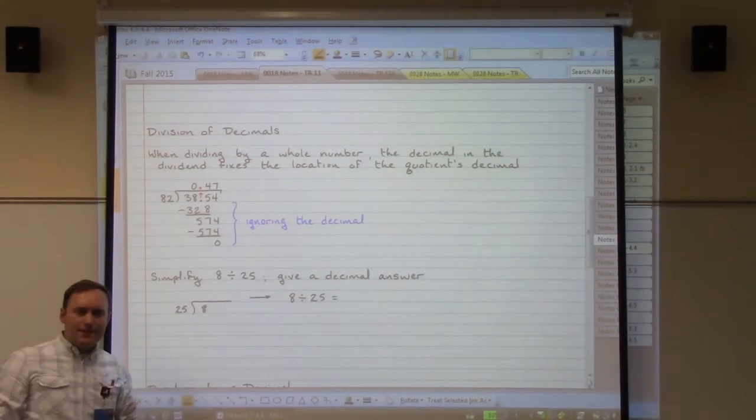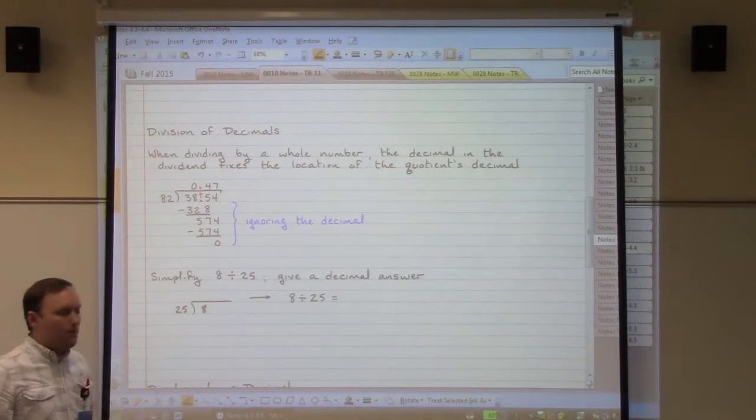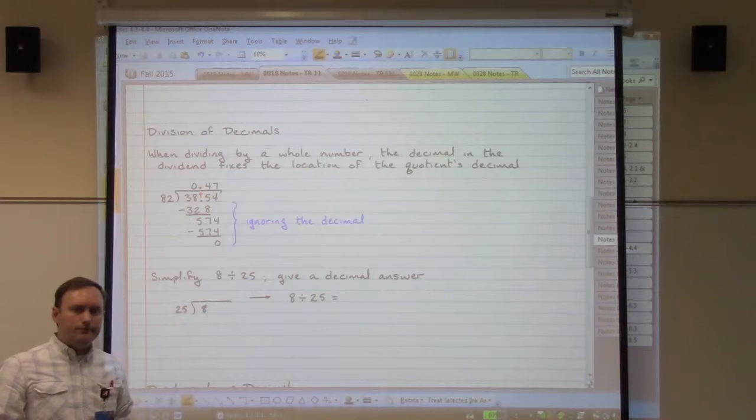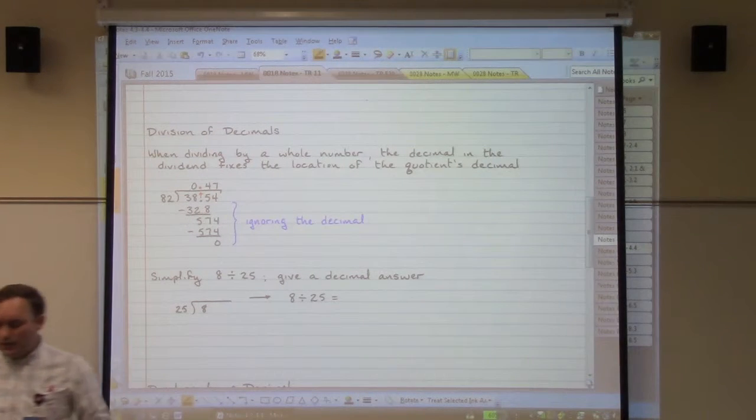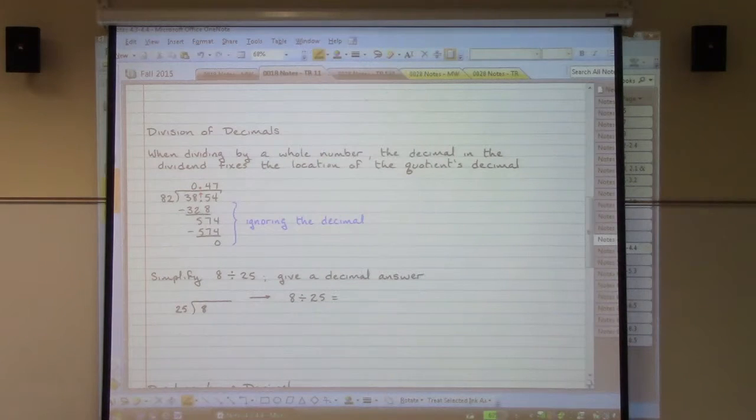If I don't already have a decimal point and I can't make any progress, what I can do is take the number underneath the long division symbol, put a decimal point in there, and begin putting in extra zeros after it, as many extra zeros as I might need in order to complete all my division steps. So in this particular case, we'll start out by putting in a decimal point and an extra 0.